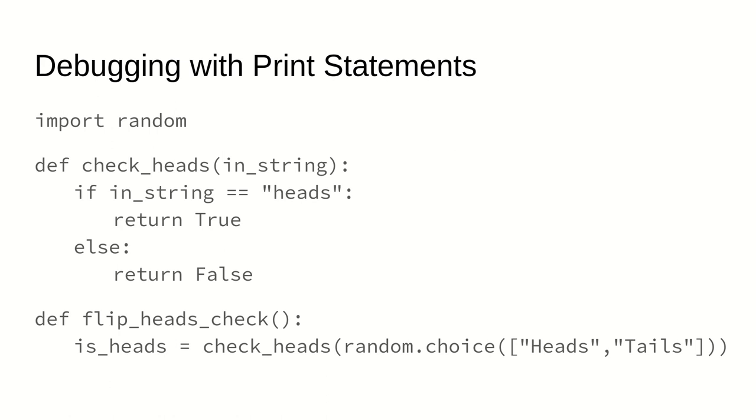So if I tried several tests, which this does not show any tests, if I tried several tests of this flip heads check and I returned is heads and I saw that is heads is always coming back false, then I would need to try to figure out where things are going wrong.